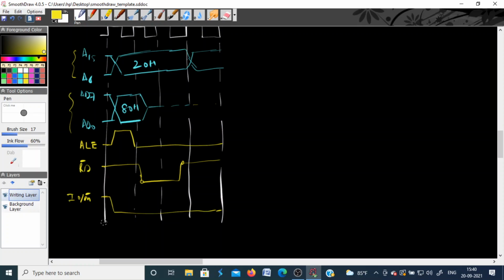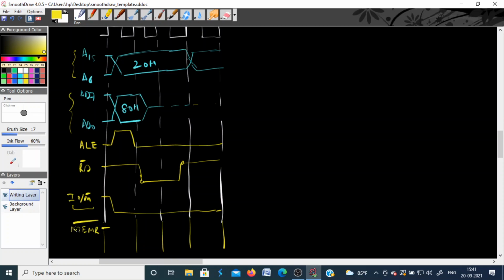Of course, when we discussed these control signals, we saw that by combining this read signal and this IO/M bar signal, you can generate two separate signals using some logic gates: memory read and input output read.